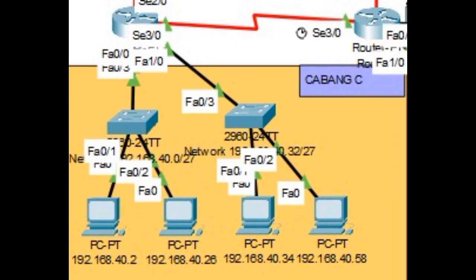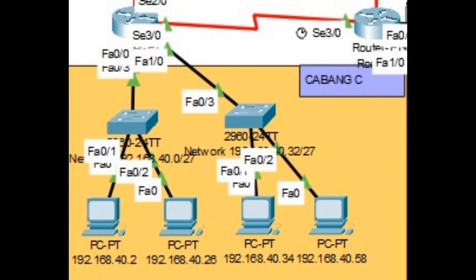Switch 1 is connected to PC1 and PC2 in the 192.168.40.0/27 subnet with 192.168.40.1 as the default gateway. Switch 2 connects to more PCs in the 192.168.40.32/27 subnet using 192.168.40.33 as the default gateway.